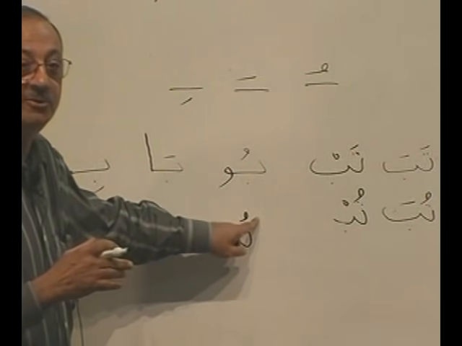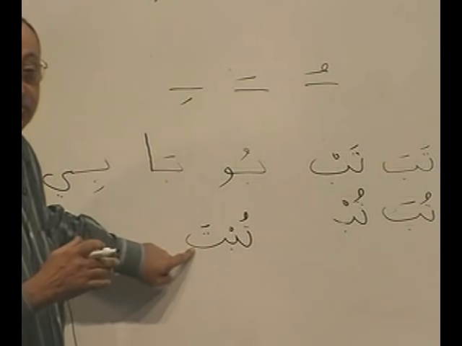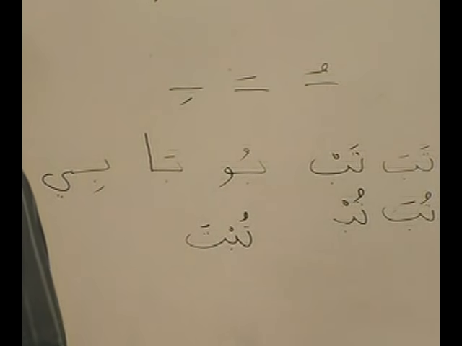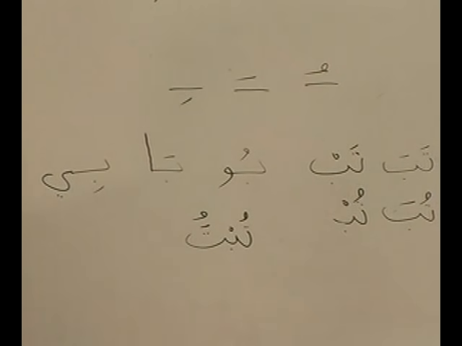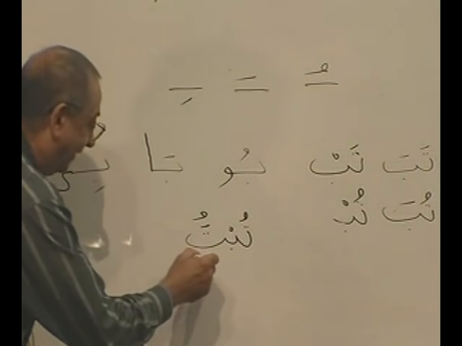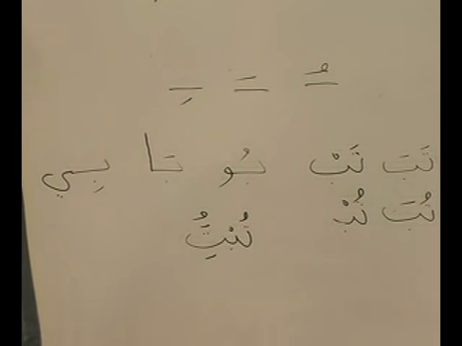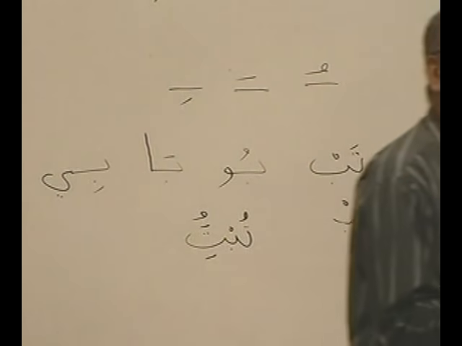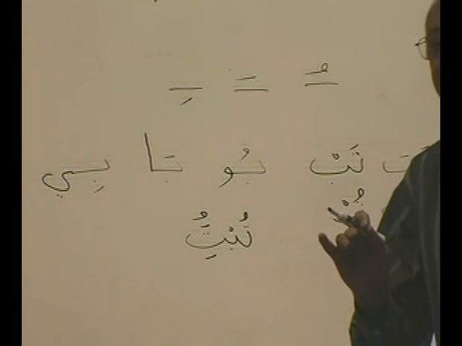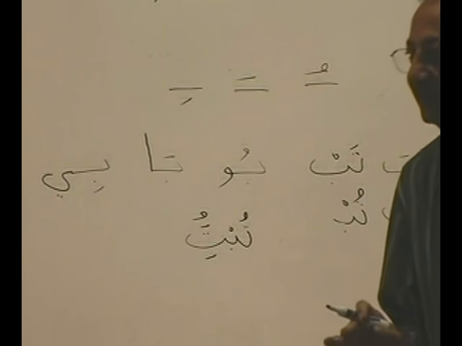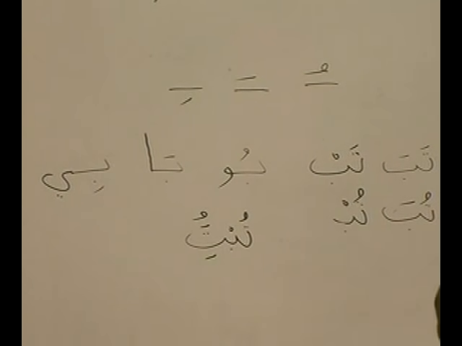And if I put dhamma here, tubtu. If I put kasra here, tubti. So ba has a sukun. It means it has no vowel sign. Sukun means there is no vowel sign on the letter. Is it clear, inshallah? Try and remember this, brothers.